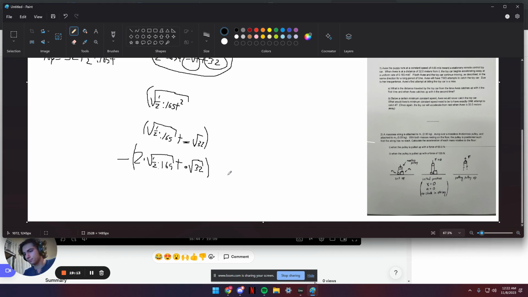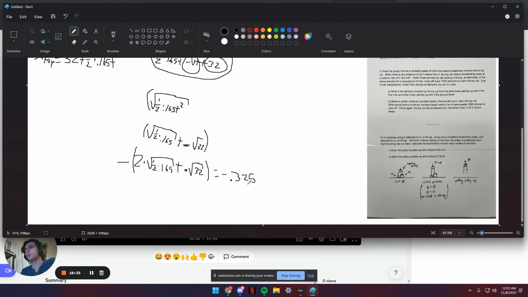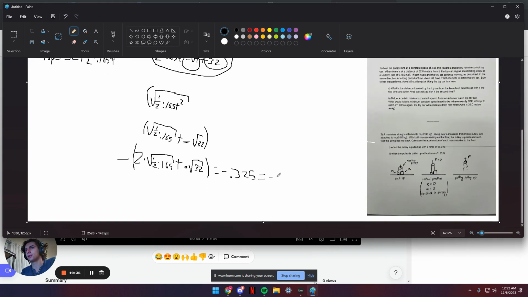I'll plug that really quick into my calculator, and we would get negative 0.325 t, and that would be equal to this middle term, which is negative vt.